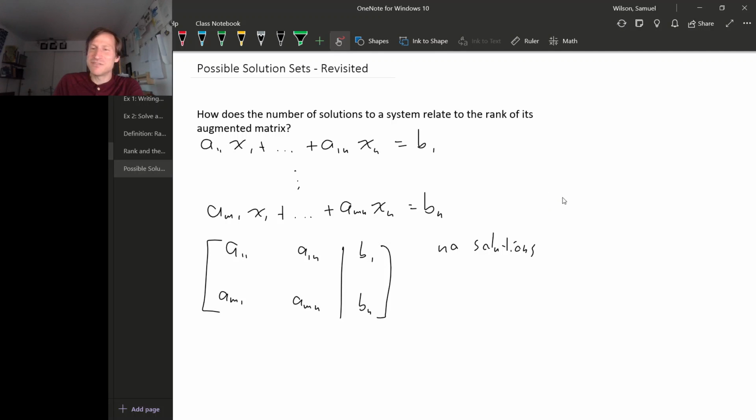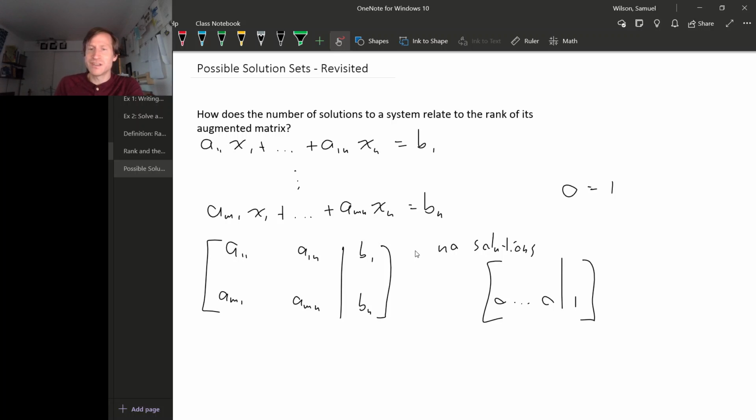To have no solutions, you have to come up with an equation that looks like this. But for that to happen in a reduced row echelon matrix, you'd have to end up with a row that has a 1 here and zeros out here.